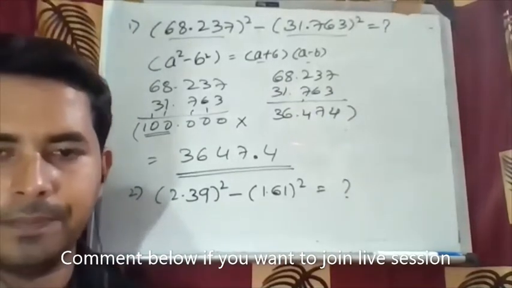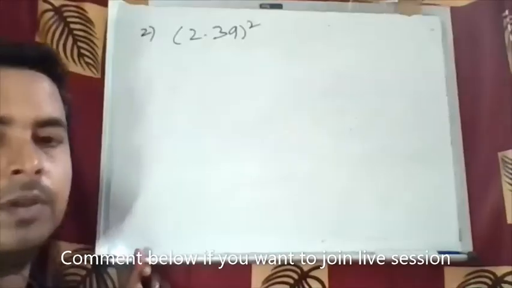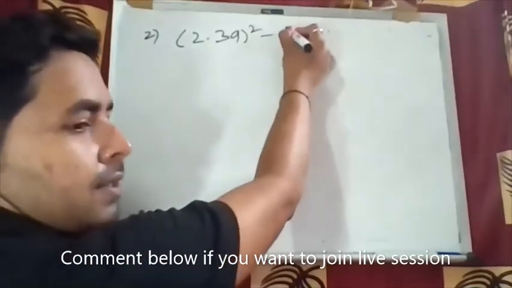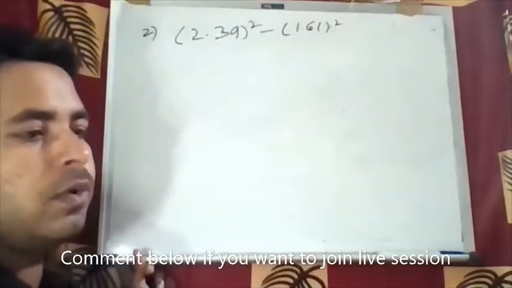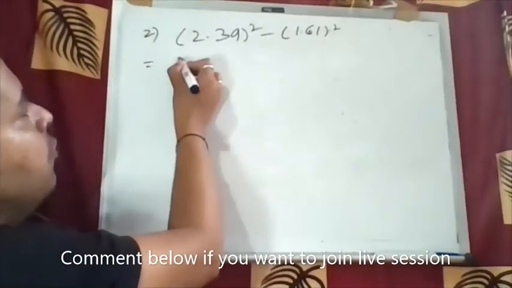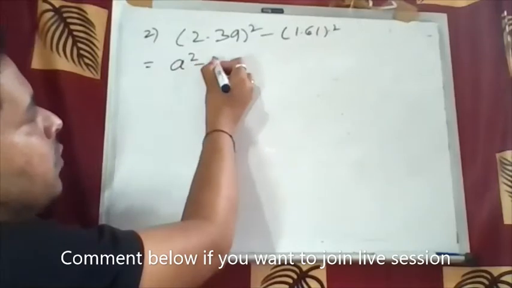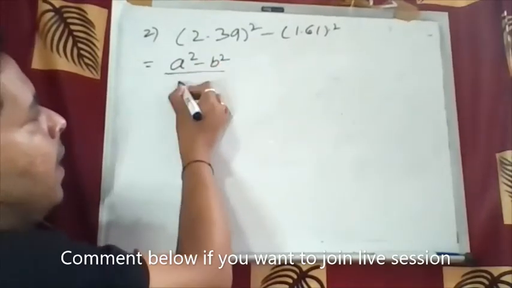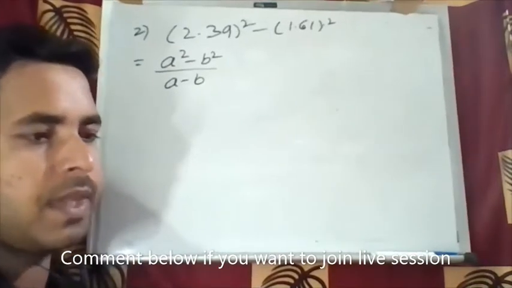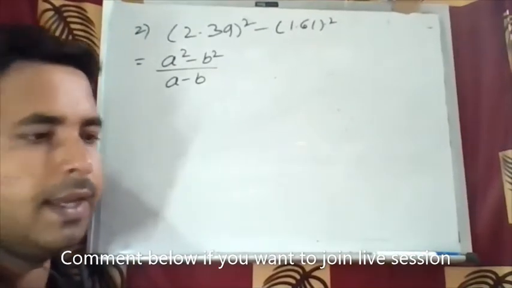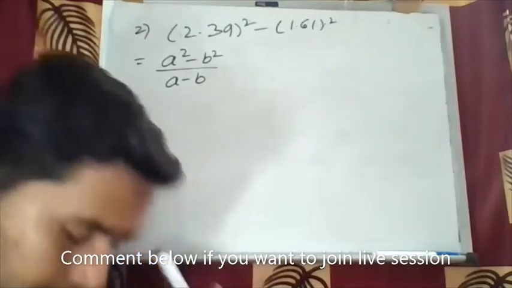Now I'll use a formula like this: a square minus b square divided by a minus b.